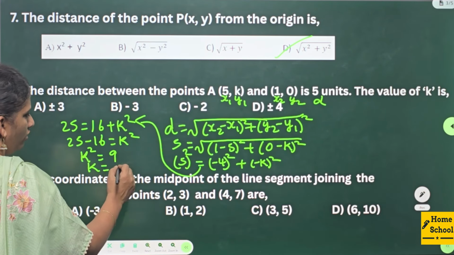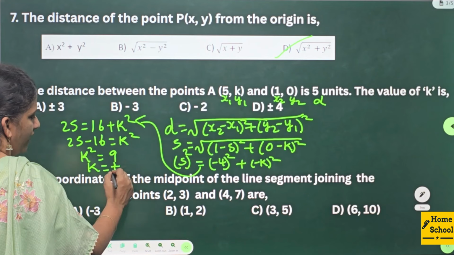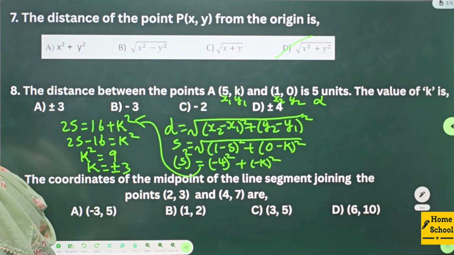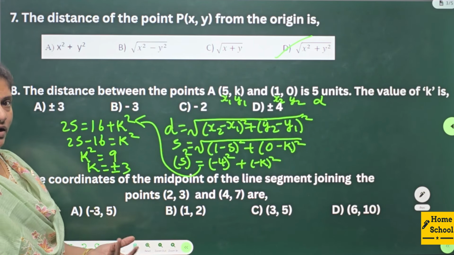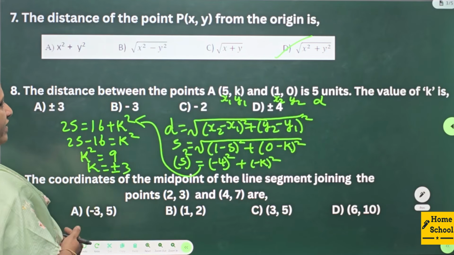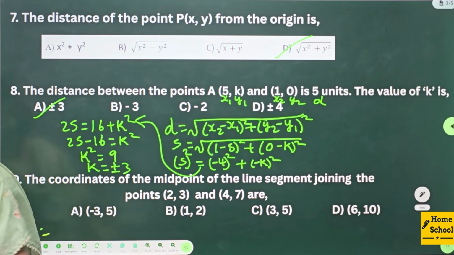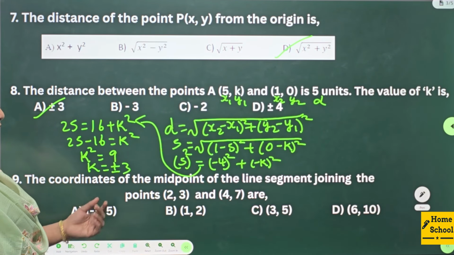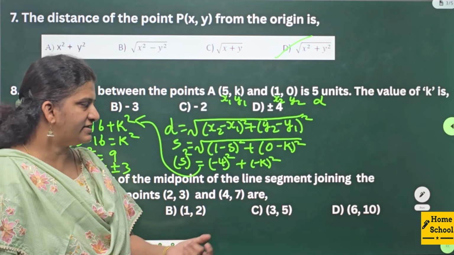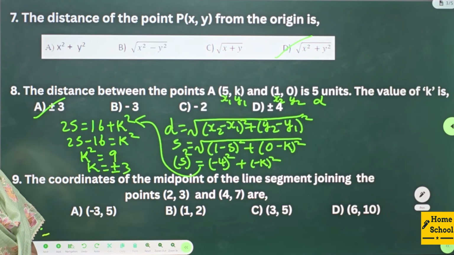K is equal to square root of 9, that means plus or minus 3. K may be plus 3 or minus 3. So where is your answer? Option A, plus or minus 3. Ninth one, the coordinates of the midpoint of the line segment joining the points.